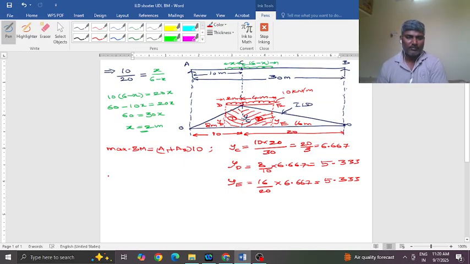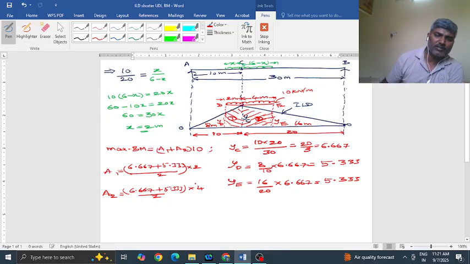Now I'll calculate the A1 value. A1 is a trapezoid, so it is the average of YC plus YD, that is 6.667 plus 5.333 by 2, multiplied by the distance between the two parallel sides, which is 2 meters. Similarly A2 is also a trapezoid: the average of 6.667 plus 5.333 by 2, and the distance between the parallel sides is 4 meters.